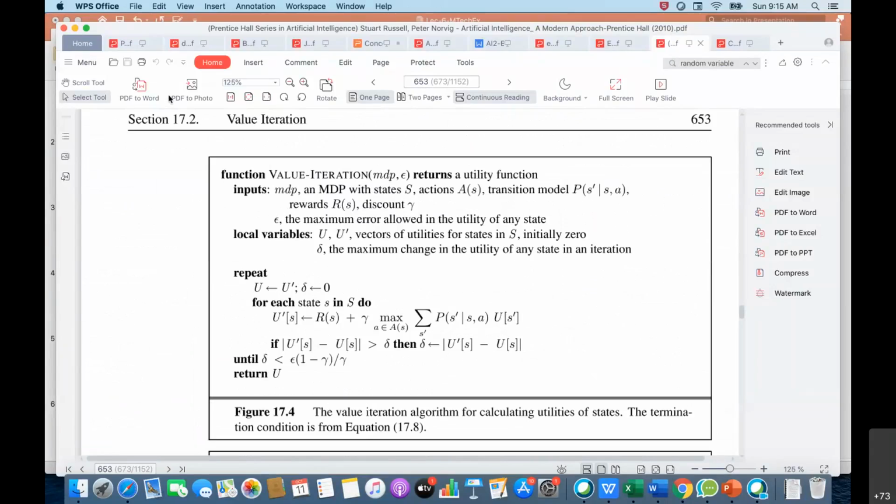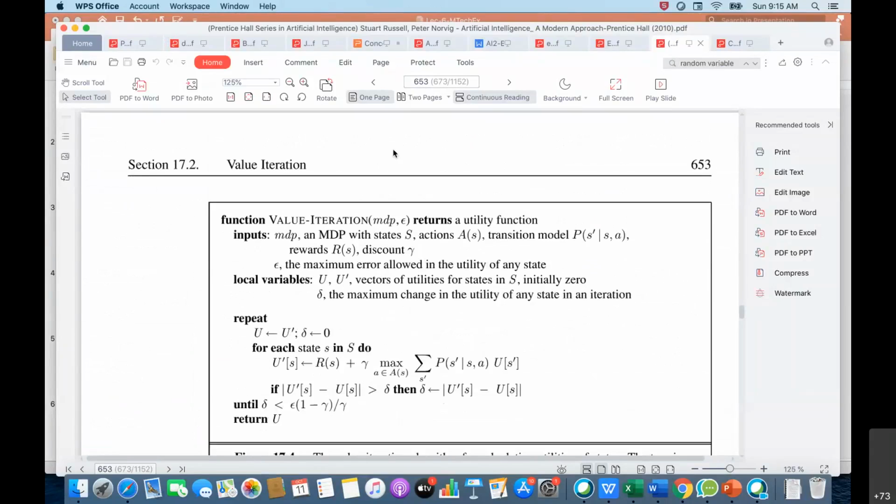As you see, the function here is value iteration, and the MDP is the input. The MDP has states S, a set of actions A, and a transition model. These are given, and the reward function and discount factor are also inputs.